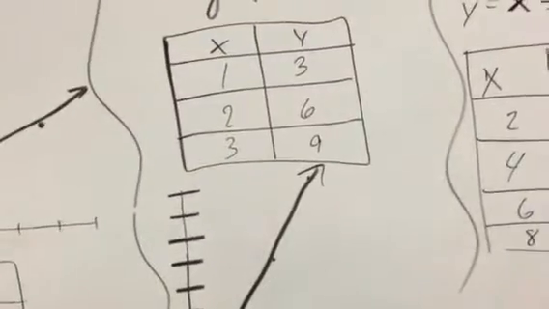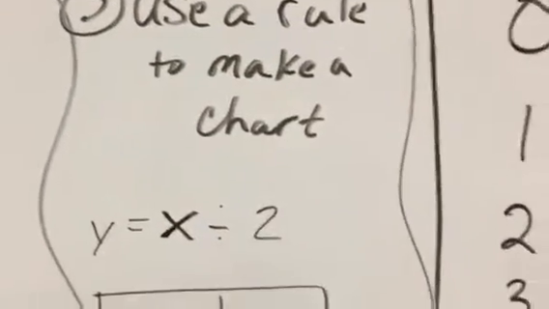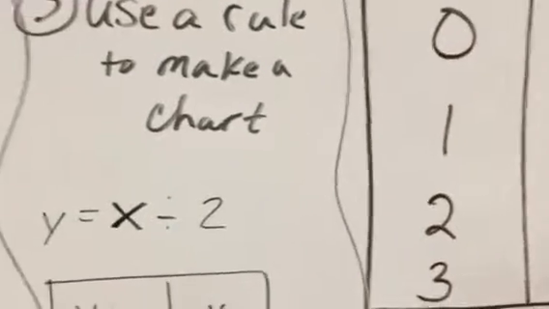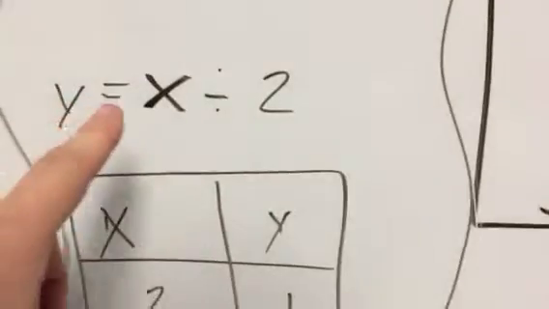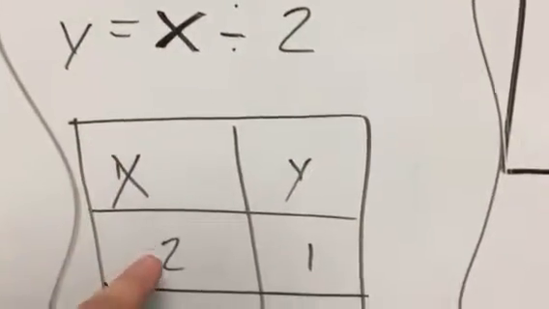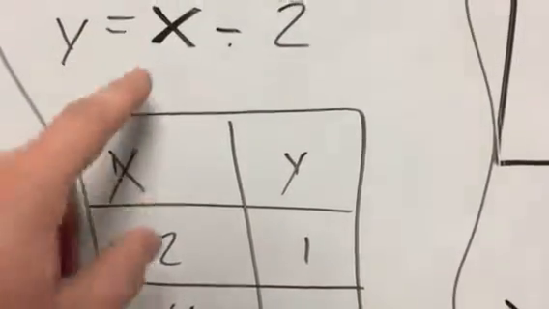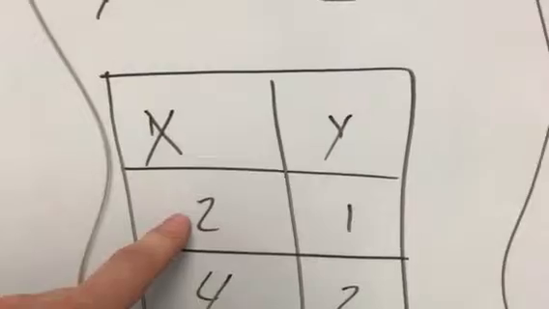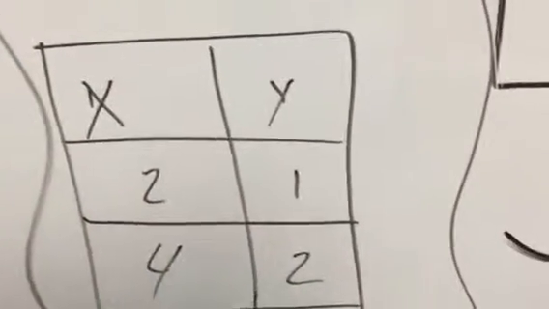Now number 3 goes back to chapter 8 when we talked about algebra. But it's not going to be that hard. Let's look at it. y is going to equal x divided by 2. So I look at what my x is, and it's a 2. And y is going to be x divided by 2. So 2 divided by 2 is 1. So y would equal 1.